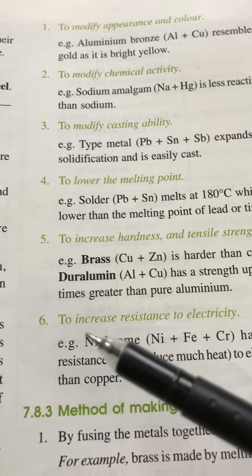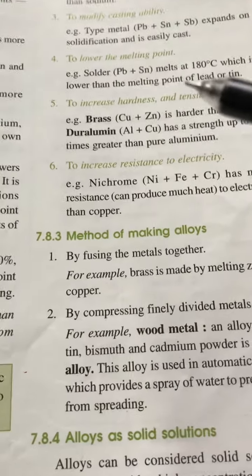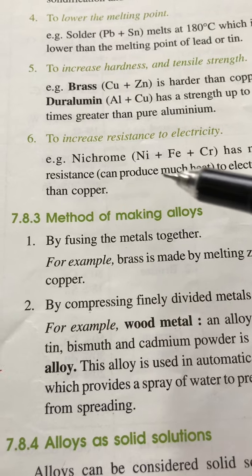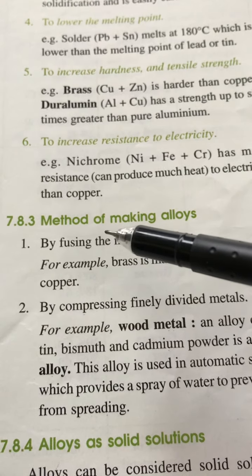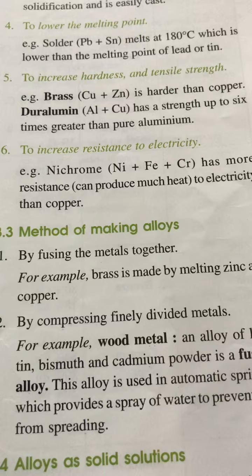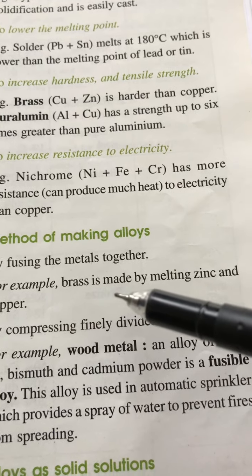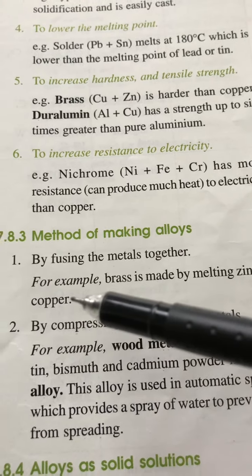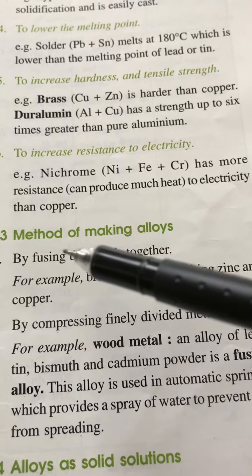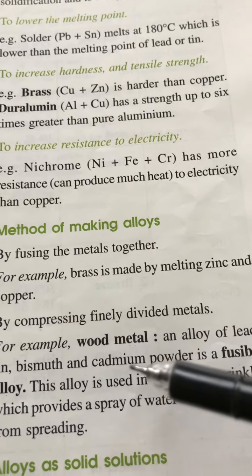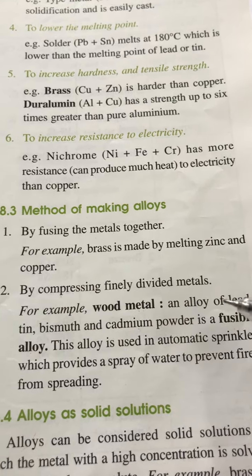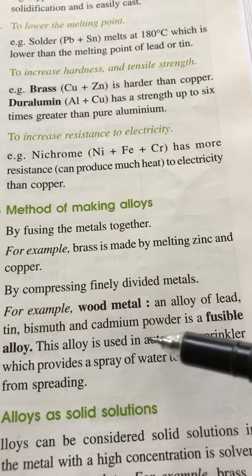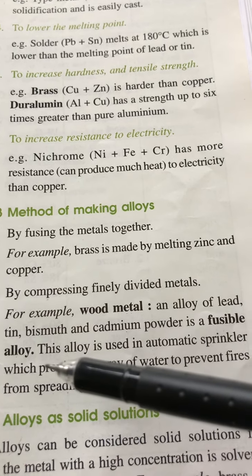Yes. Then what are the methods of making alloys? One is by fusing and the second one is by compressing. By fusing, brass is made by melting zinc and copper, that is the fusing method. By compressing, wood's metal, an alloy of lead, tin, bismuth and cadmium powder, is a fusible alloy.